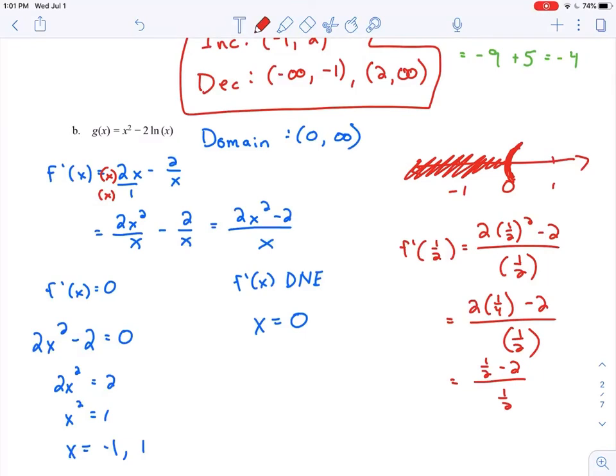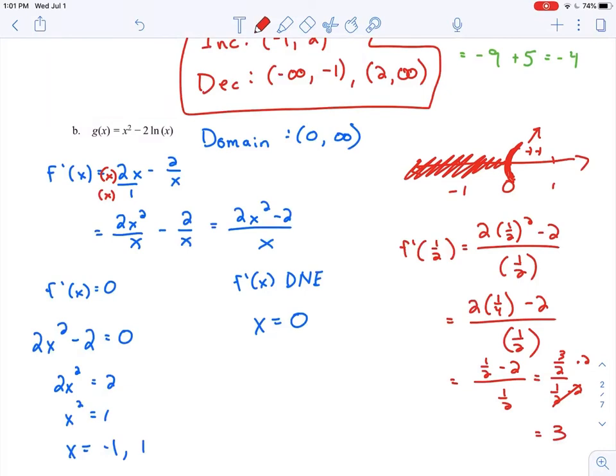Let's see, this is 3 over 2 divided by 1 over 2, multiplied by the reciprocal, and I'm left with just 3. And really what I care about then is the sign. It's a positive 3, so my function must be increasing on that interval.